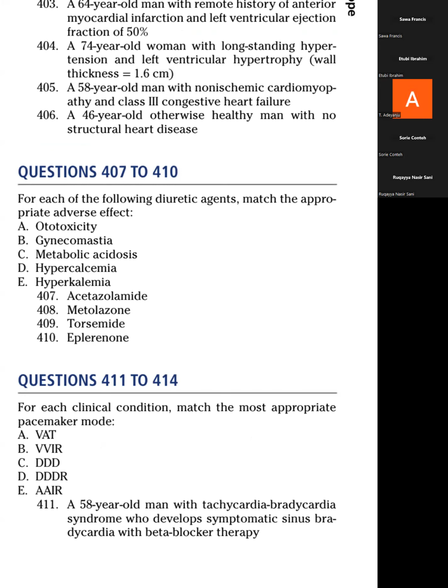If there's no established AV nodal disease and there's just, let's say, sinus node dysfunction, what is preferred is a pacemaker that does atrial pacing. So for this 45-year-old with symptomatic sinoatrial exit block, there's no evidence to show that there's an AV block, so ventricular pacing will not be supported or necessary.